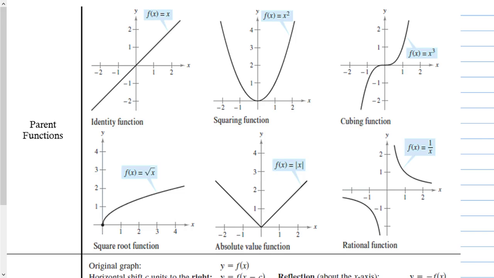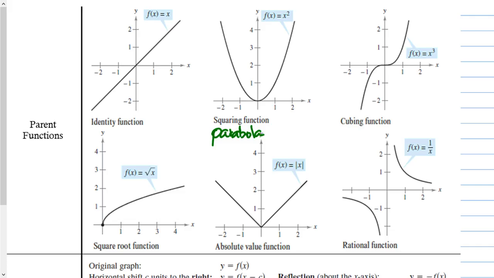On the back, here are some parent functions you need to be familiar with. I should be able to tell you, draw me an absolute value function, and you should know that it's in the shape of a v, if it's just a regular absolute value function. You should know what a quadratic is. Here they're calling it the squaring function, but it is just a quadratic, also referred to as a parabola.